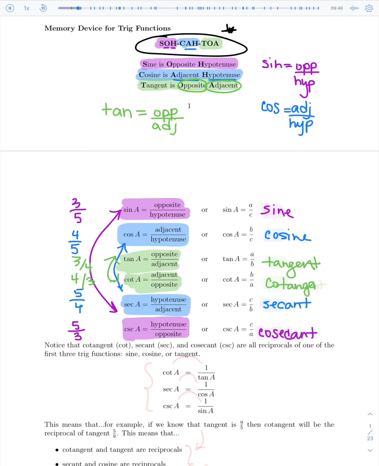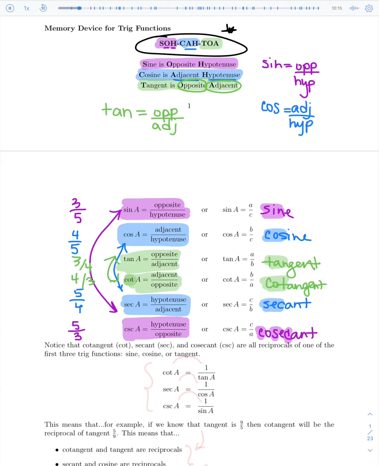And what they've done is they've shortened cotangent to the first three letters, cot, tangent to TAN. We've also shortened sine to sin, and cosecant to CSC. And we also have cosine, which has been shortened to cos, and secant, which has been shortened to sec.